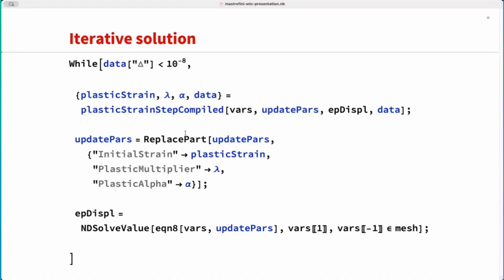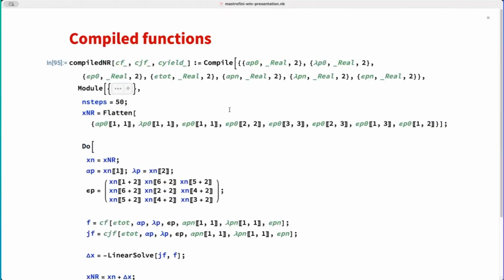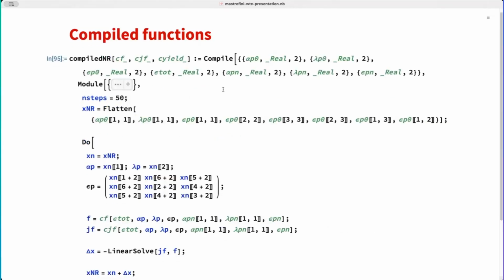inside the equation that records the plastic solution, we can use some compiled functions. In particular, we can write a compiled Newton-Raphson that iteratively solves the subset of equations, where here we use a linear solve to solve the set of equations, but this function is exactly the system of equations that we have seen before with respect to the plastic variable.